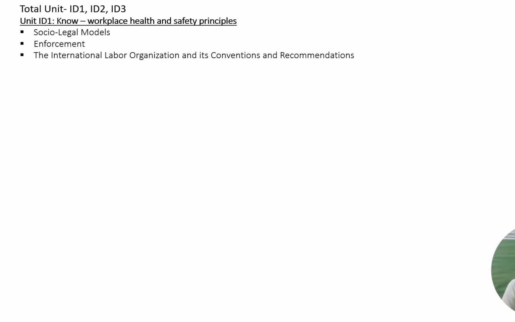Also in ID1 we study the ILO conventions, guidelines and recommendations.